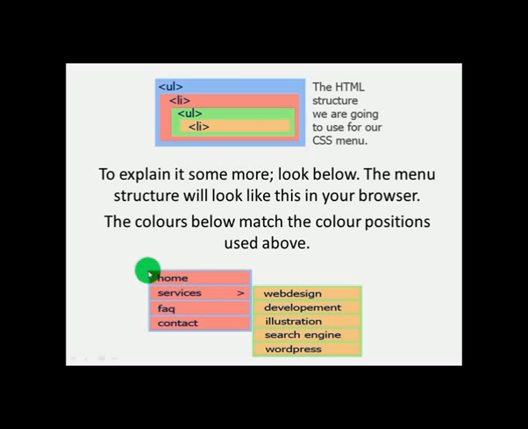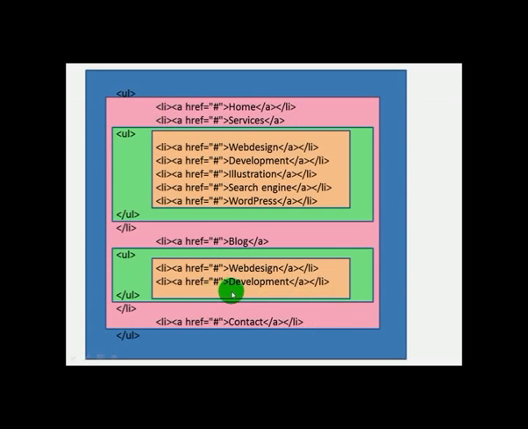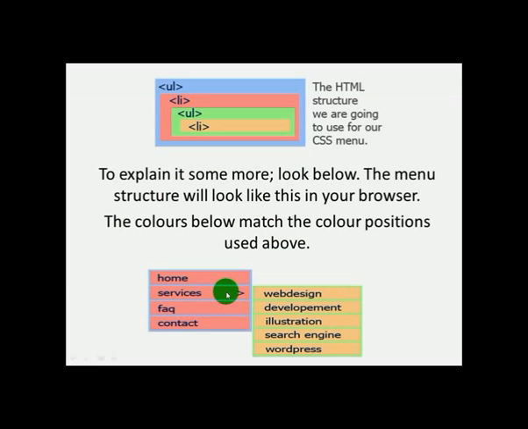So here there's the blue, which is the original UL. Within it we have 4 list items. Within the list item called services, we have yet another UL, the green one, and its own list items within it.